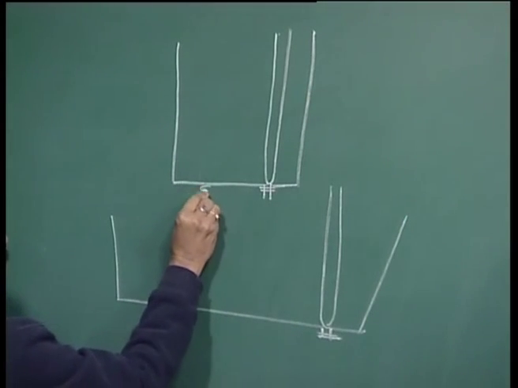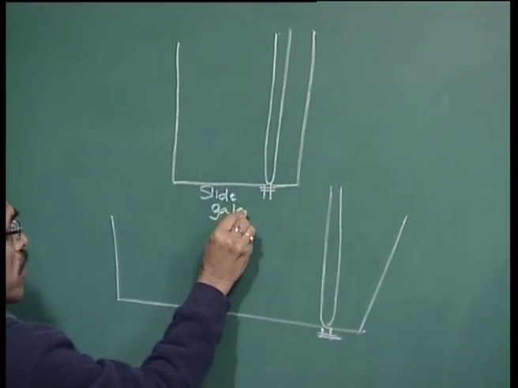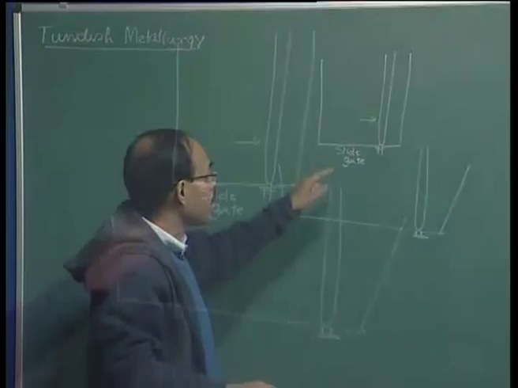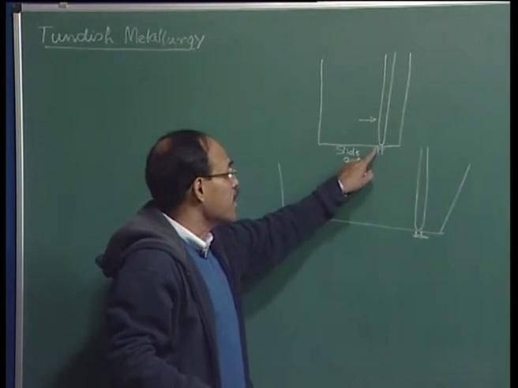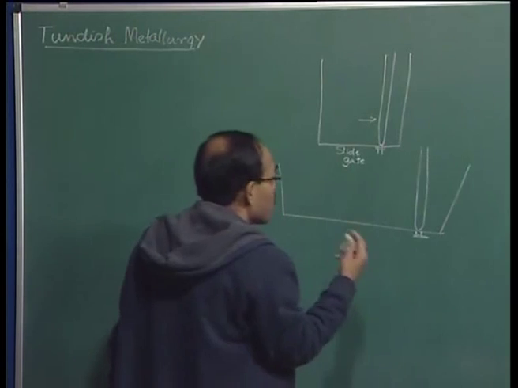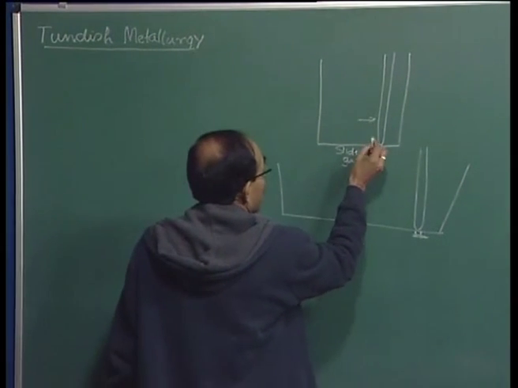So, this is our slide gate. These are the two flow control devices. Of course, in today's modern steel making plants, you will find only slide gates and no stopper rod, because it is difficult to control and it does not give a continuous flow of molten metal stream.